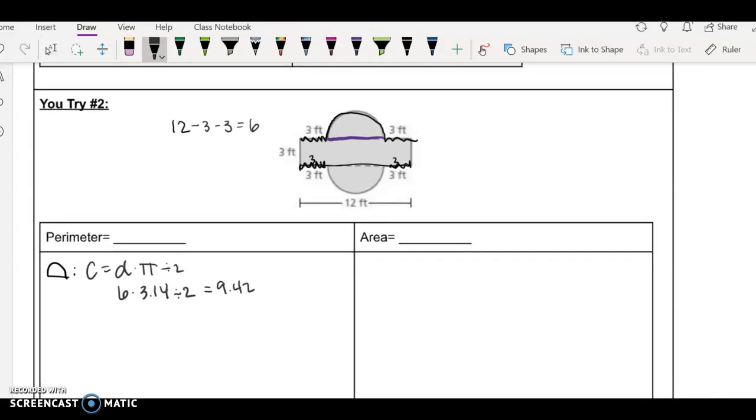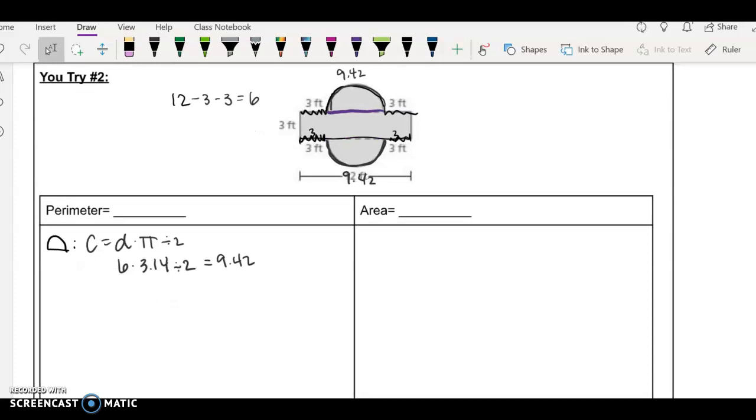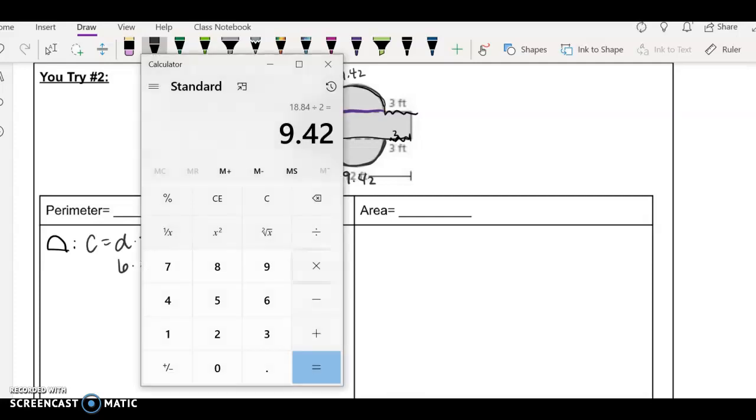So that means the distance around here is 9.42, and the distance around here is 9.42. So to find them together, since I have two semicircles, I'm going to multiply it by 2, and I get 18 84 hundredths.